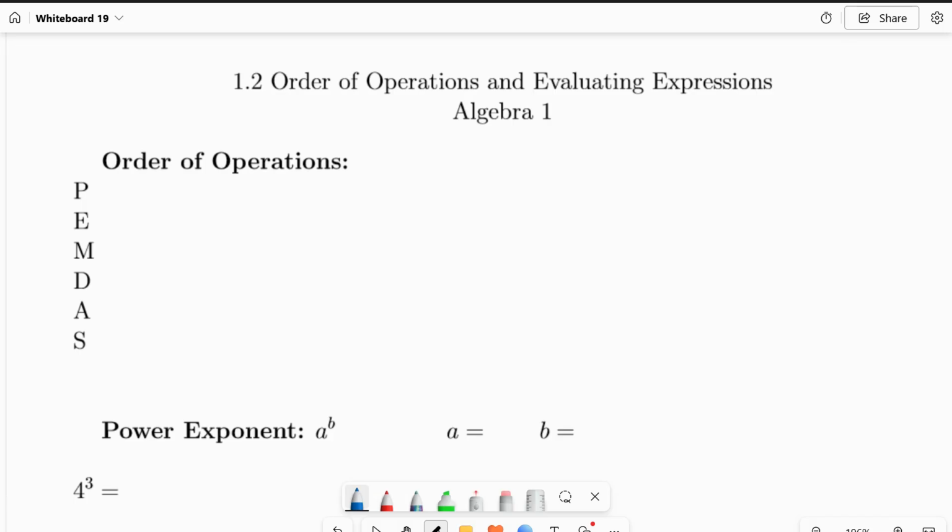All right, so first things first, let's go over our order of operations, which we refer to as PEMDAS.